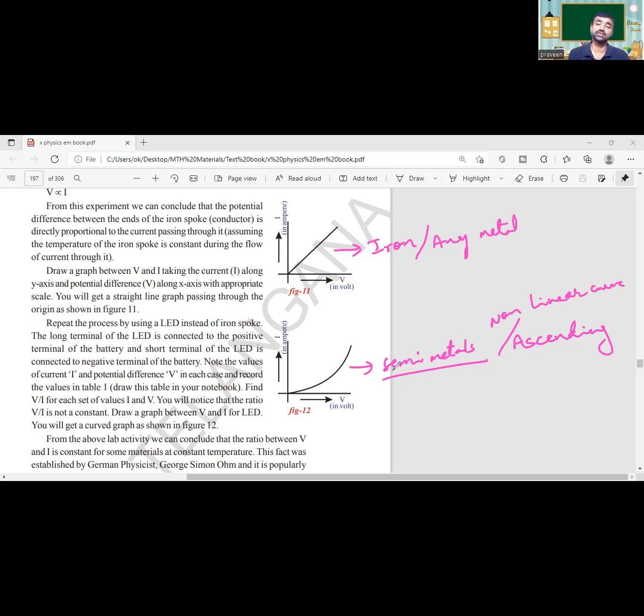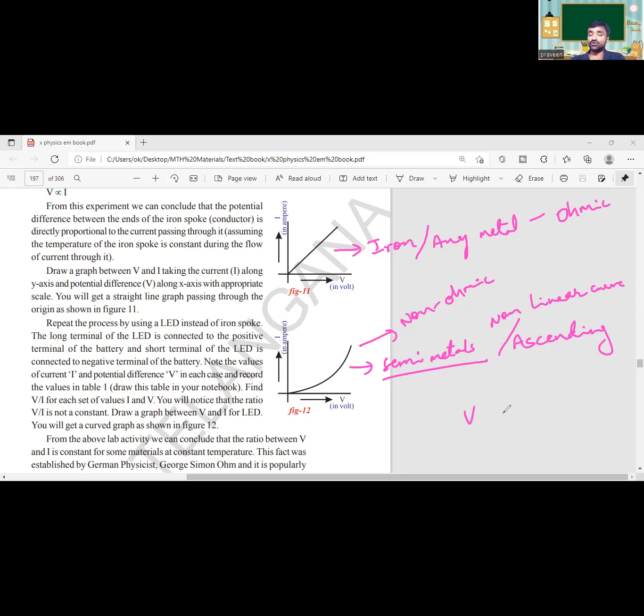So these are the graphs. From the graphs also you are able to decide whether it is an ohmic conductor or non-ohmic conductor. If you observe a rectilinear curve, that is an ohmic conductor. If it is a non-linear curve, that is called a non-ohmic conductor. By the graph also you are able to decide whether it is obeying or not obeying the Ohm's law.